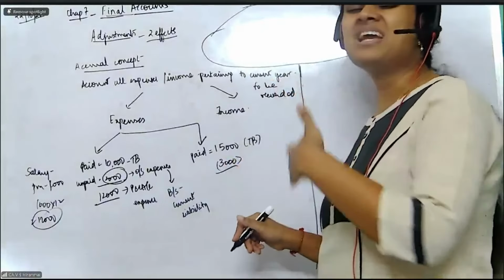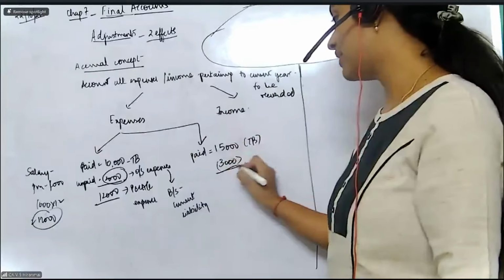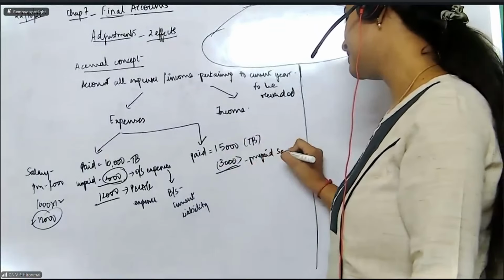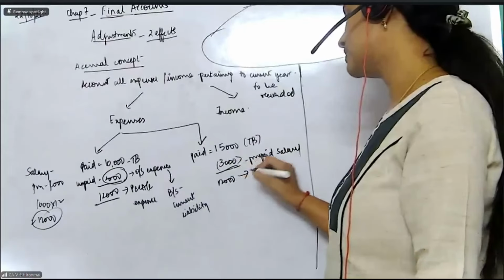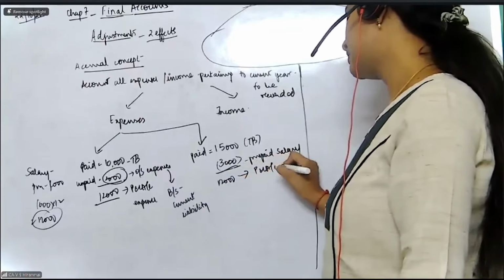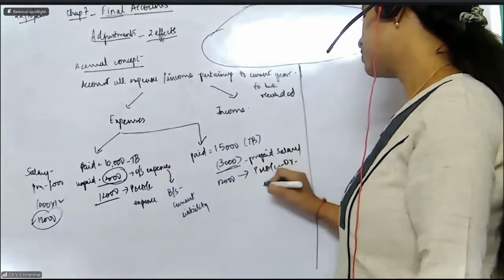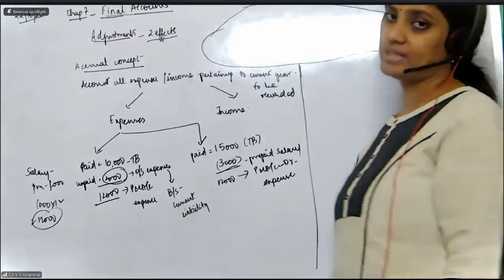No, madam. I paid next year's salary this year itself, madam. So now I should treat this as my prepaid salary. I should subtract it and take 12,000 into my P&L account debit side because it is an expense.